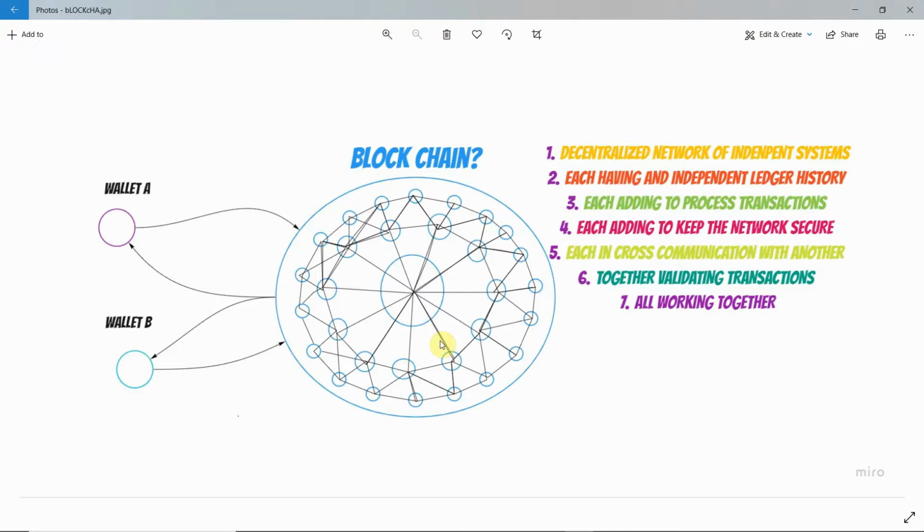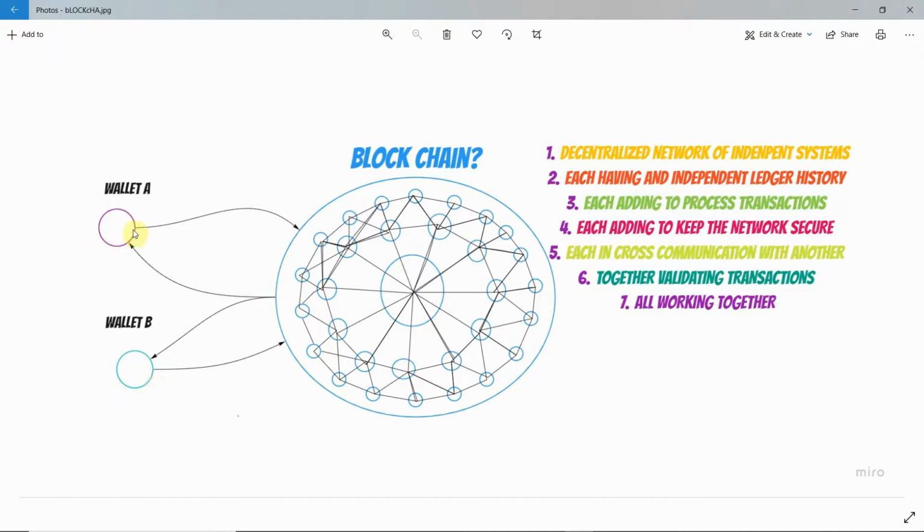The first point is that there's a decentralized network of independent systems, meaning that not one system here controls another. All of them work independently inside the network to process transactions and to ensure security. What I mean by that: wallet A wants to send some ADA over to wallet B, and wallet B gives wallet A the address to send the funds to.